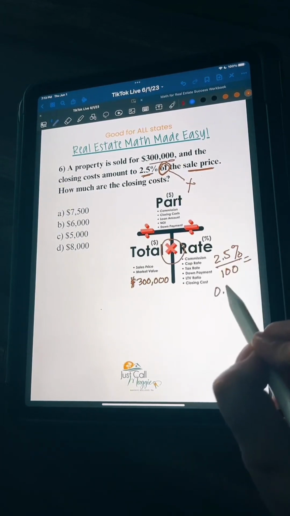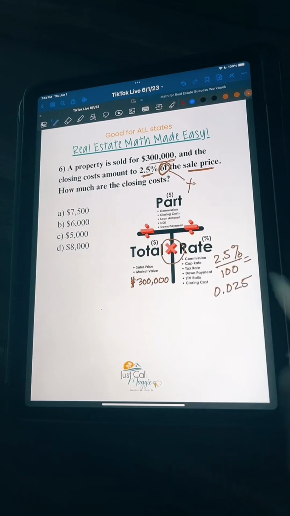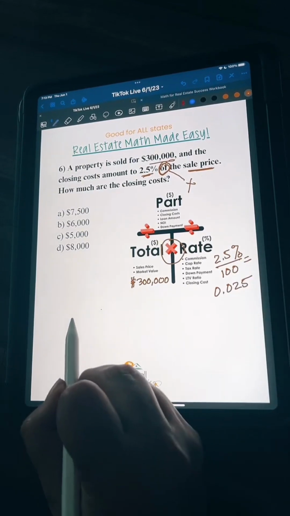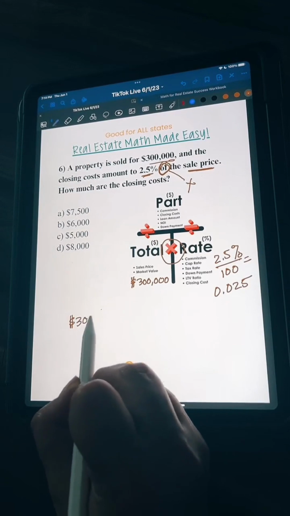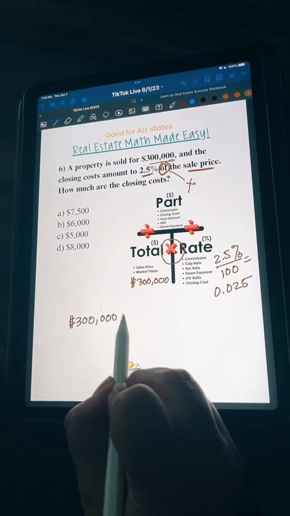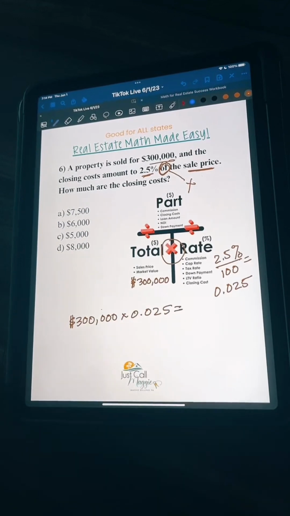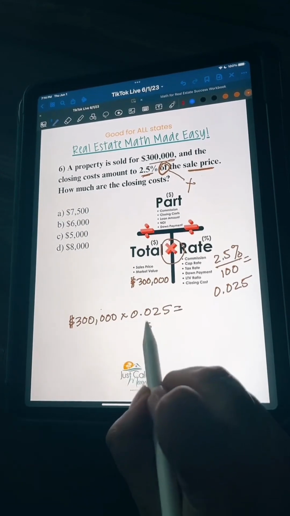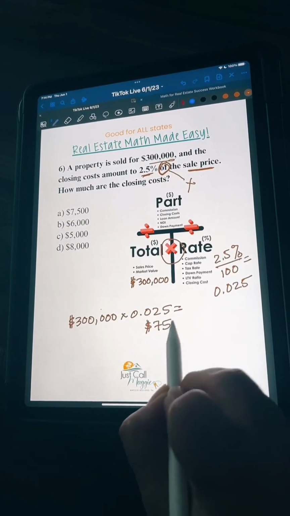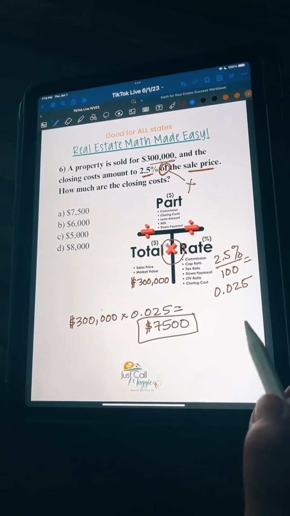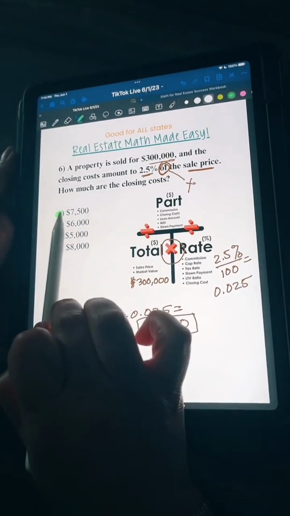And that equals 0.025. So now we multiply 300,000 times 0.025, and that equals $7,500. So my answer is A.